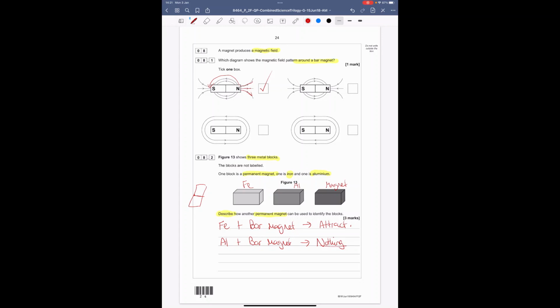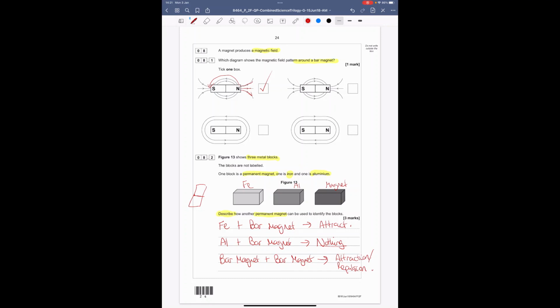And then the last one is the other, so if you had a bar magnet and another bar magnet, well, what would actually happen? You could get attraction if you brought a north pole and a south pole together, but you could also get repulsion if you brought 2 north sides together or 2 south sides together.